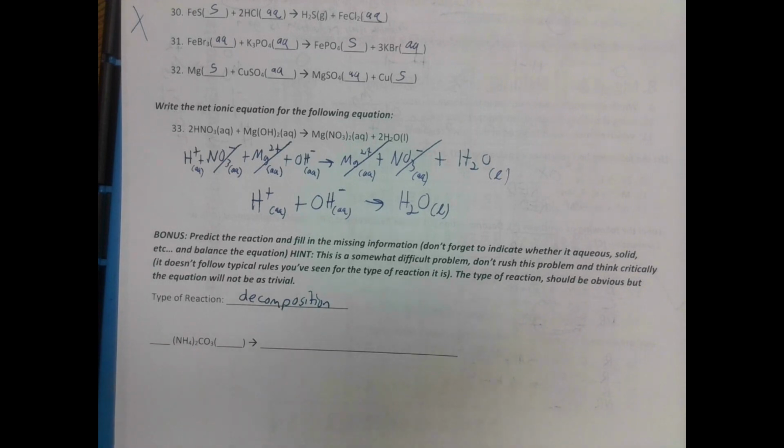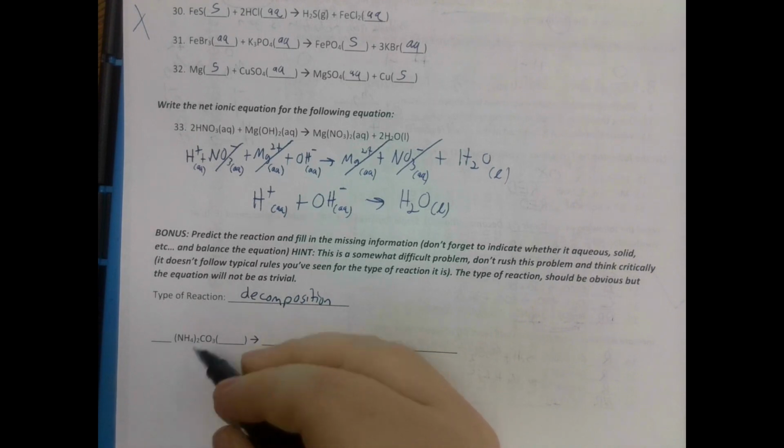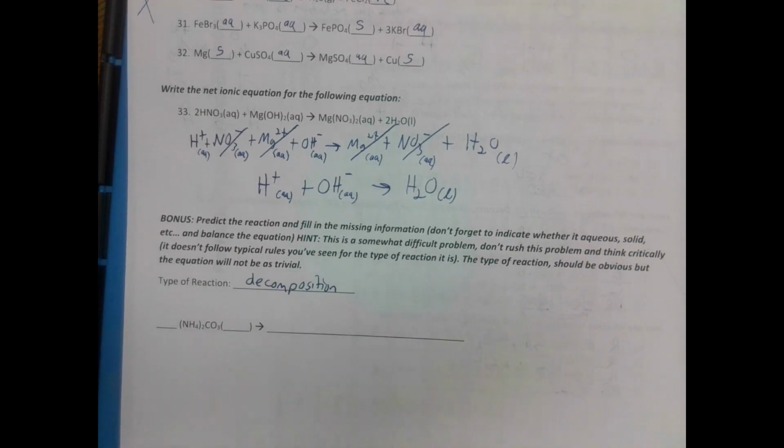What is it going to decompose to? So let's list some common things we can do. What are some common things we can make out of that chemical? Common compounds. We can't have ions.